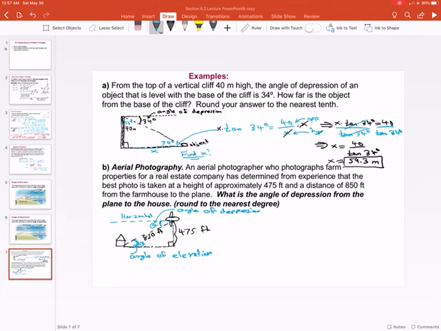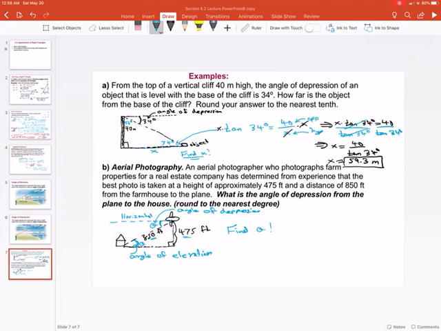With that said, what trig function can we use to get that? We've got theta here. Well, we want to involve the opposite side and the hypotenuse. So to find theta, I'm going to use my sine function definition.